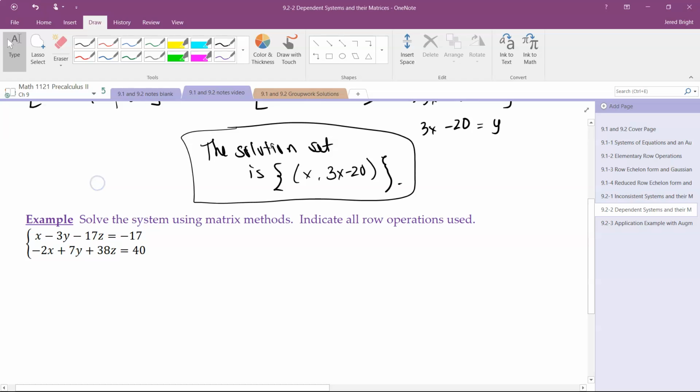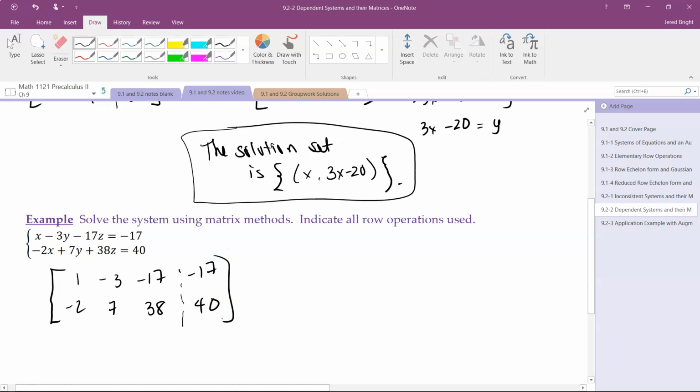Let's see how the next two shake out. Alright, so here I have another one. I'll write it in matrix form first. So 1, minus 3, minus 17 are the coefficients, and I have minus 17 on the other side. Minus 2, 7, and 38 are the coefficients for the second one, and then 40 on the other side.